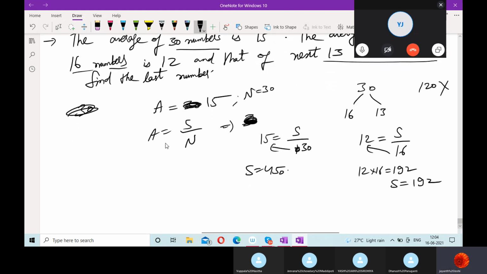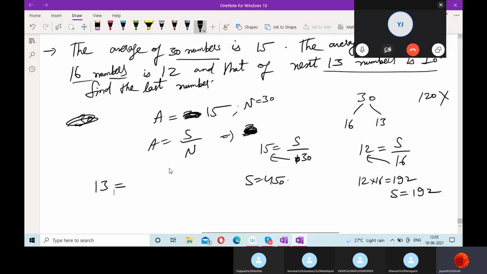So the 13 numbers' average is how much? 10. So the sum is 10 times 13, 130.